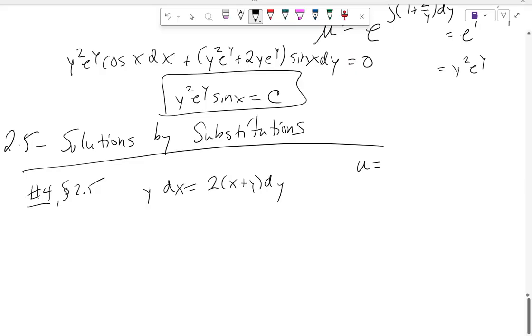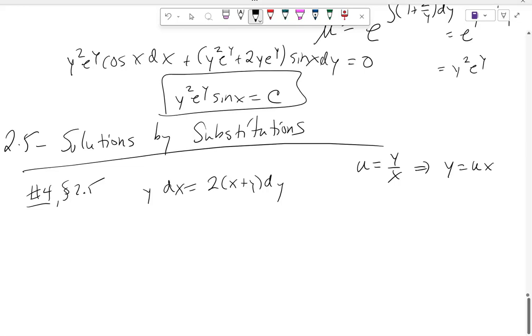Usually, we'll do u equals y over x, or y equals u times x. And we'll make our substitution. We'll introduce a new variable and rewrite our equation.